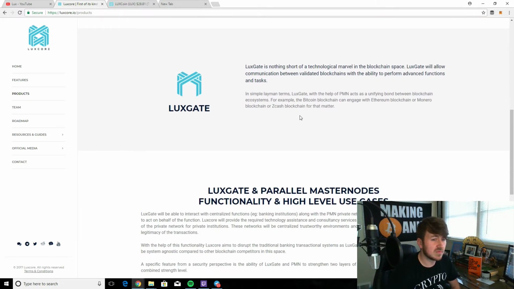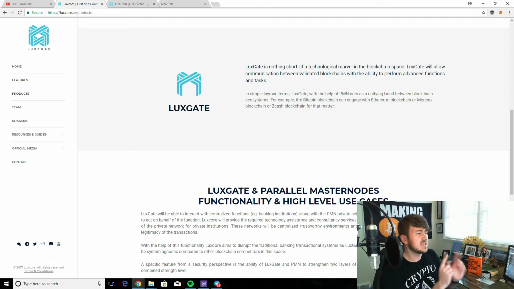I guess it'd be more for enterprise, such as what the opening statement was talking about. LuxGate is, okay, we've read this. In simple layman's terms, LuxGate, with the help of PMN, acts as a unifying bond between blockchain ecosystems. For example, the Bitcoin blockchain can engage with the Ethereum blockchain, or Monero with Zcash.